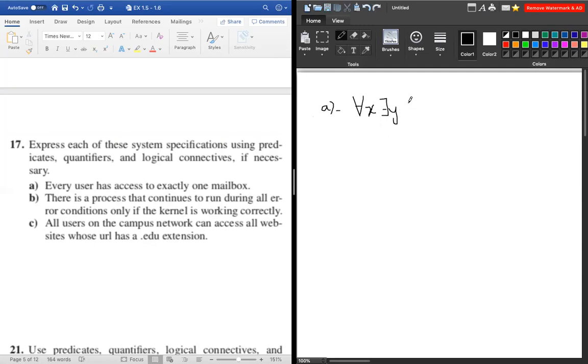Could be capital. Yeah, remember to make that capital.